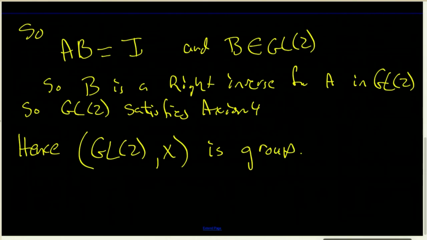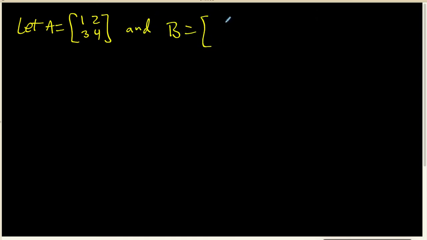Now, the very final thing that we have to do is show that this group is not commutative, and that's super easy. Let A be the matrix 1, 2, 3, 4, and let's make B the matrix 1, 3, 2, 1.